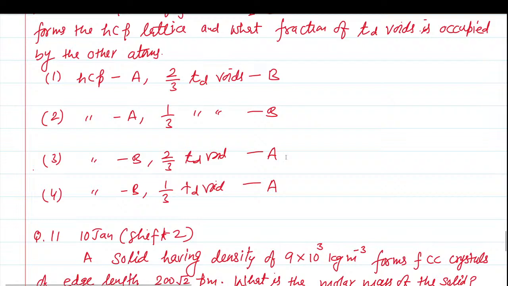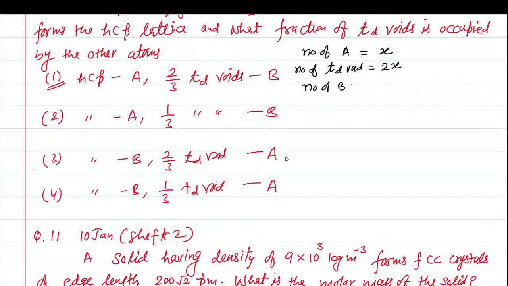Okay, if I take this option, then HCP, that means number of A, let us take it as x. So tetrahedral voids become 2x. So number of B is 2/3 of 2x, which becomes 4/3 x.